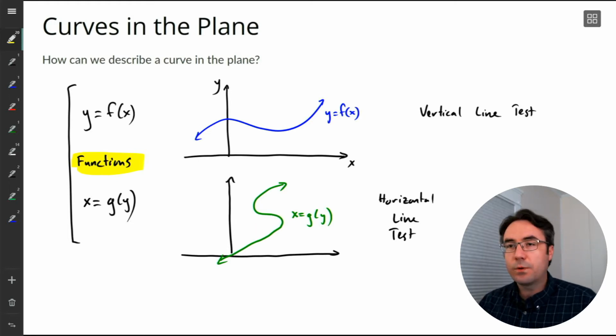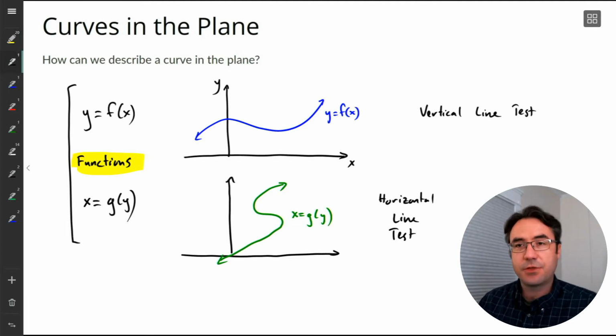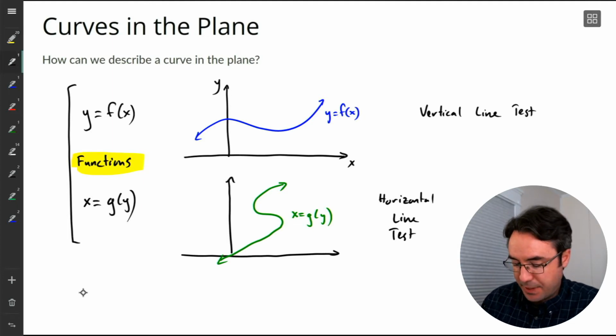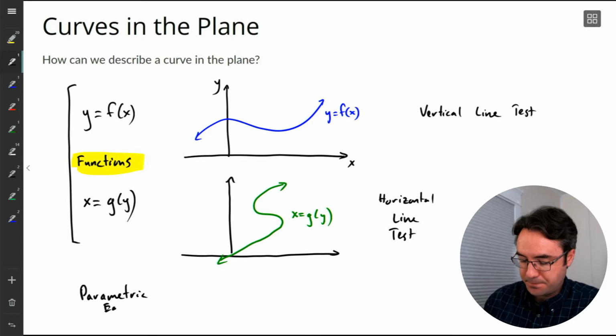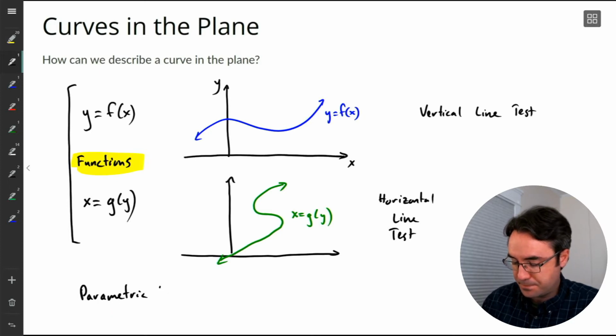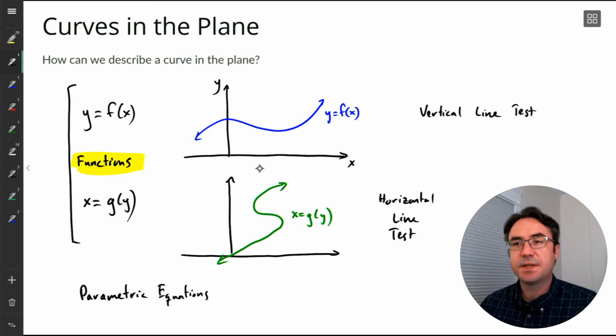So what we're going to see in this lesson is a third option, and that's parametric equations. In some way this uncouples x and y, so they're no longer directly related to each other.